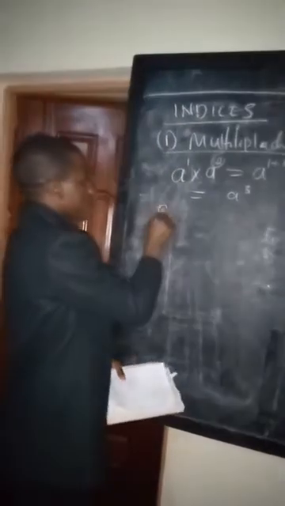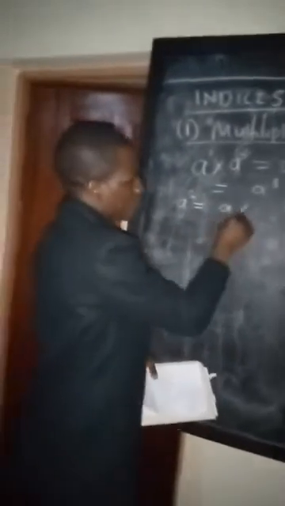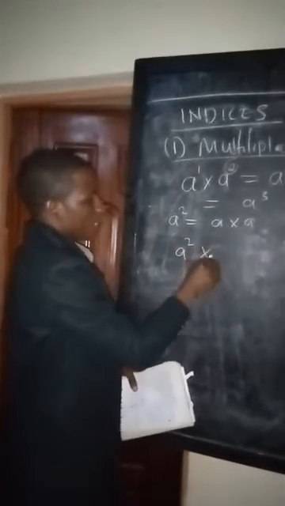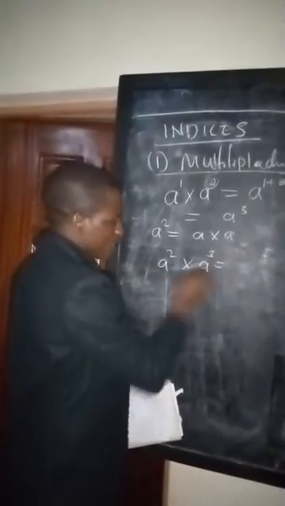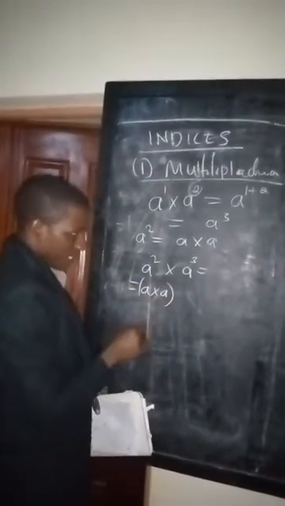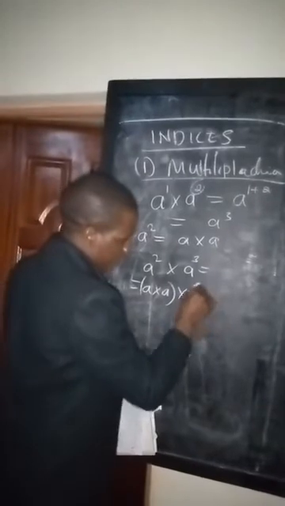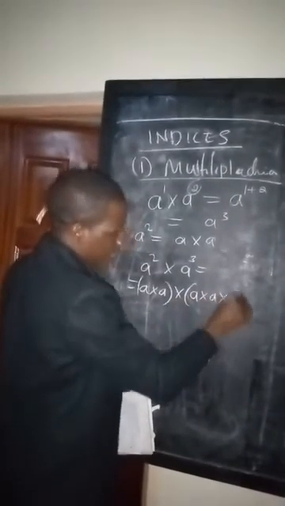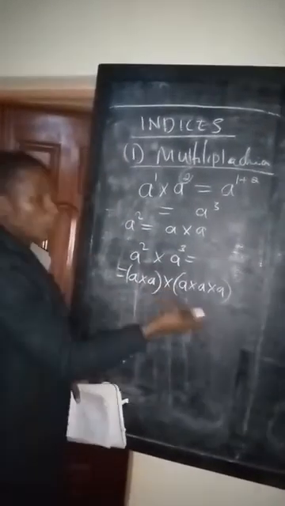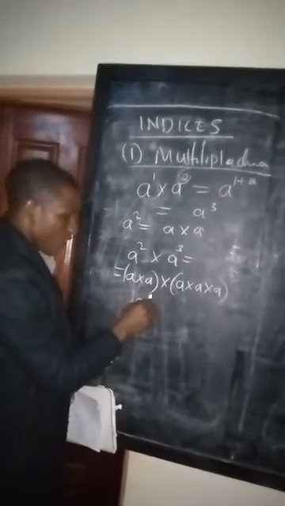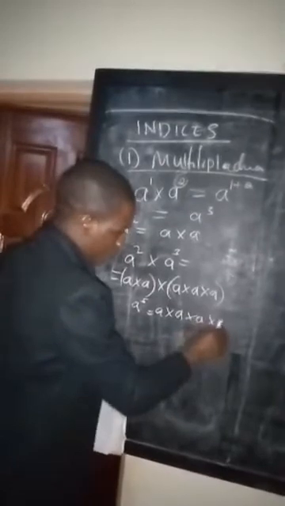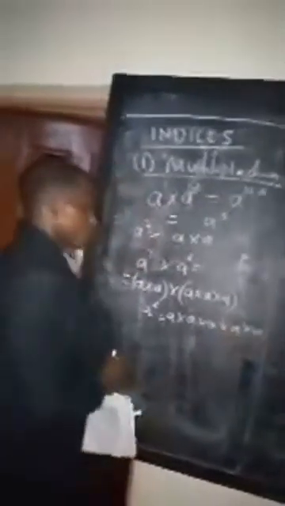For example, A power 2 means A multiplying by A. And therefore, if you have A power 2 multiplying by A power 3, this means it is A multiplying by A, multiplying by A multiplying by A multiplying by A, which is A multiplying by itself 5 times, giving A power 5.